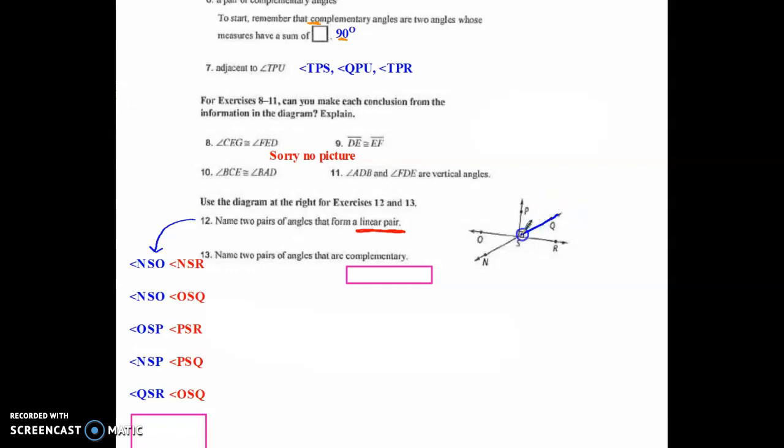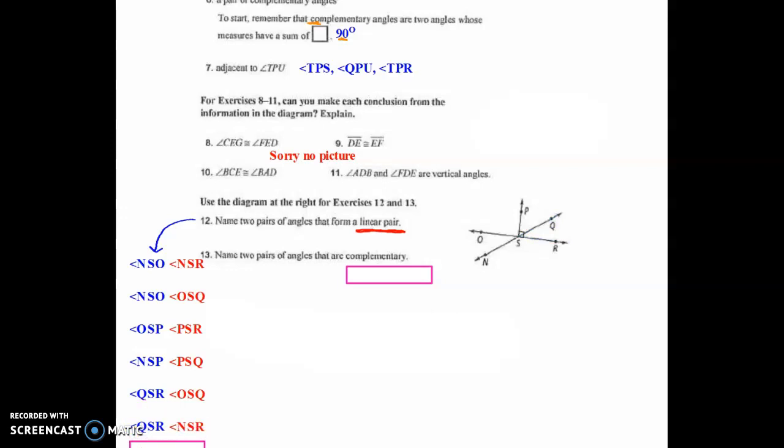We have QSR, that angle, and OSQ. Look at the straight line. There you go. They're a linear pair. Let's see what else we have.